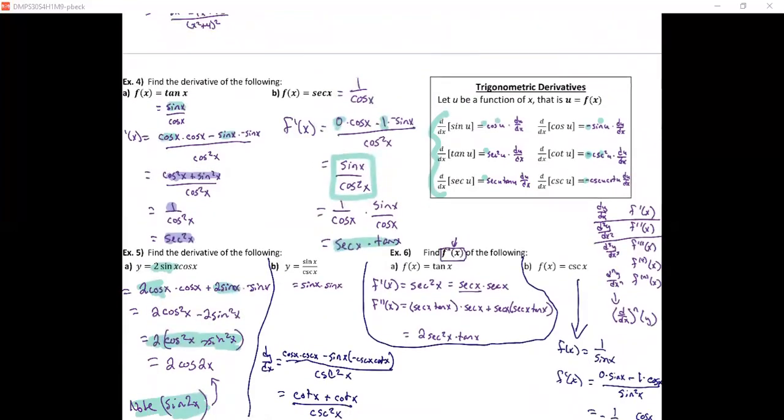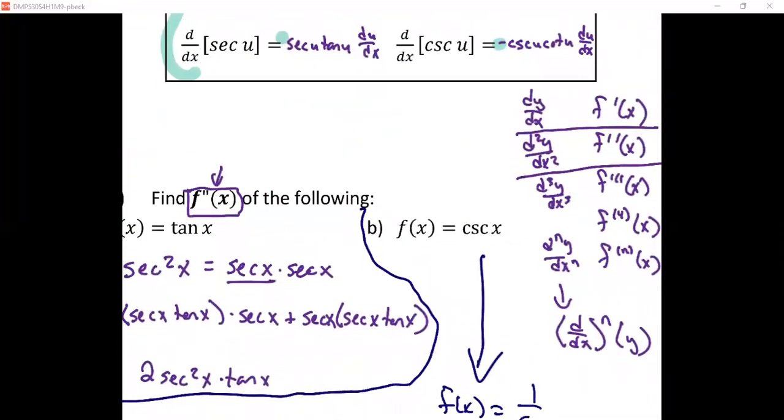One of the things that I did want to mention is when you have derivatives, we say dy dx, we call that f prime of x. If I want f double prime, then I will write it as d squared y over dx squared. F triple prime, d cubed y over dx cubed. And then eventually, if I get the nth derivative, or anything beyond that, we usually write it in parentheses in the Newtonian notation.